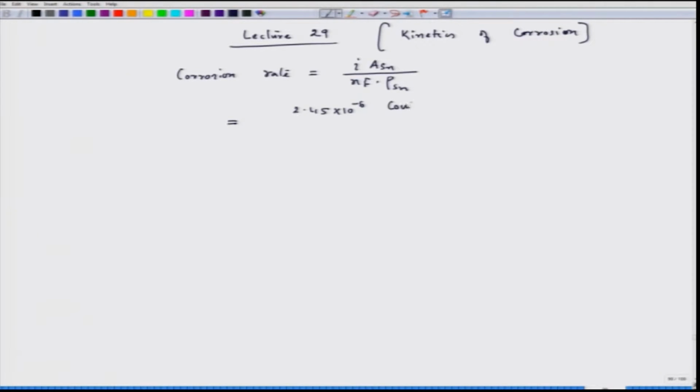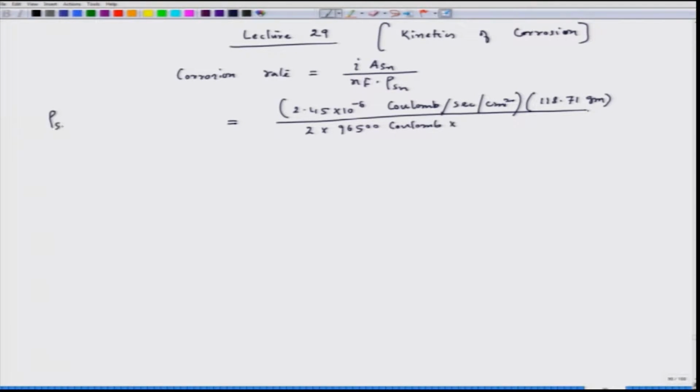Now, I will write it directly in terms of coulomb per second per centimeter square. The atomic weight is 118.71 gram, and N is equal to 2, F is equal to 96500 coulomb, into rho.